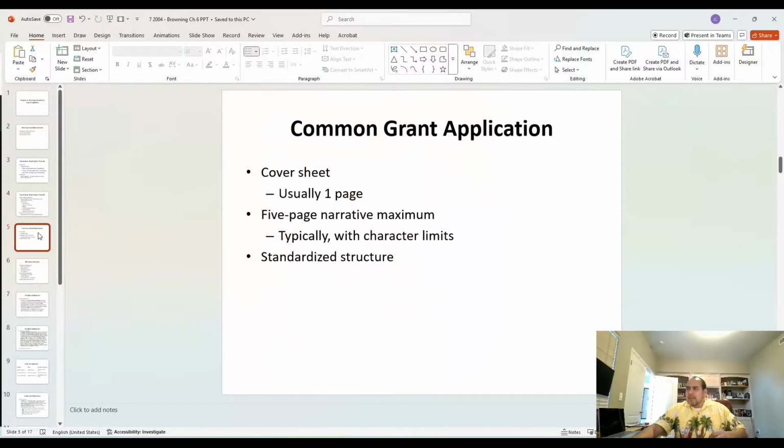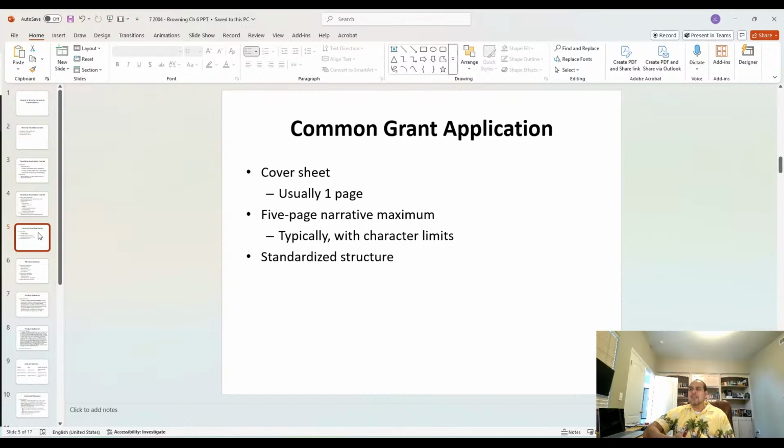In the common grant application for foundations, usually the cover page is one page. The key thing to be careful about here is whether they want a wet signature or a digital signature. A lot of times they want a wet signature. What does that mean?